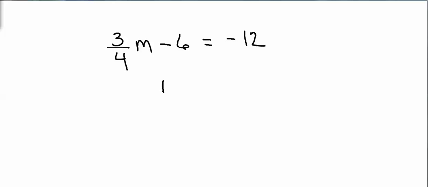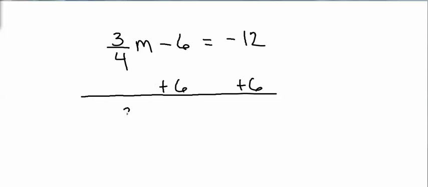So could you add 6 first? If you add 6 first, now you got 3 over 4m equals negative 6. And now this looks like the problem you just did, doesn't it? And now you can multiply by the reciprocal. So multiply by 4/3 times 4/3.